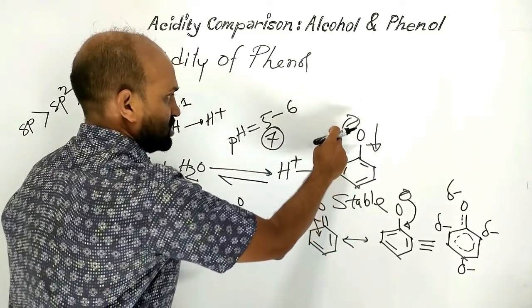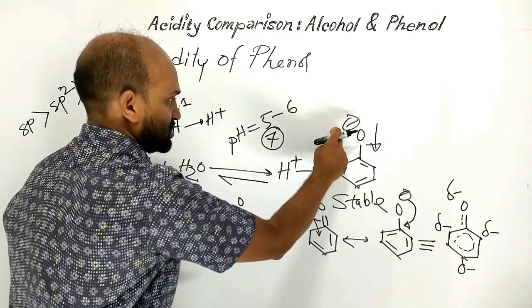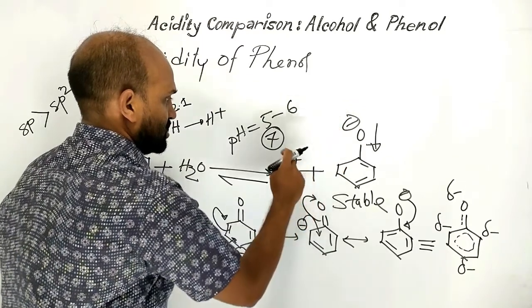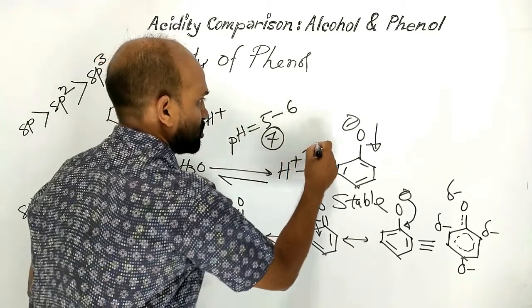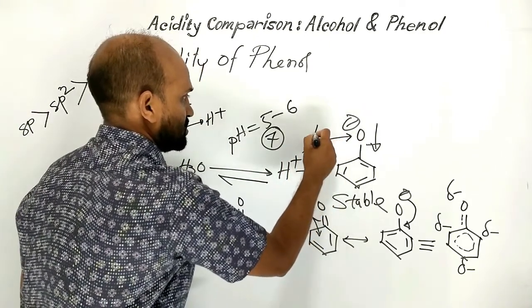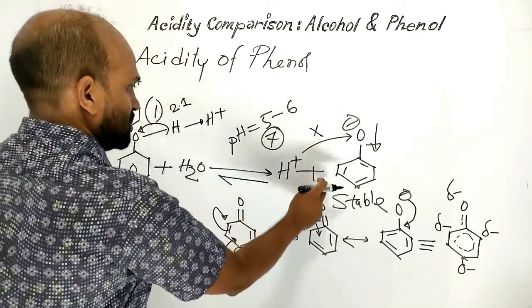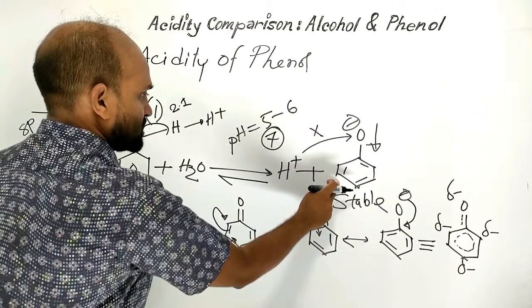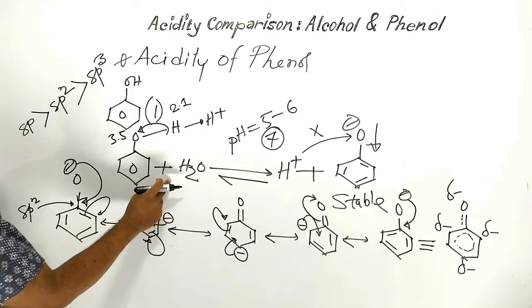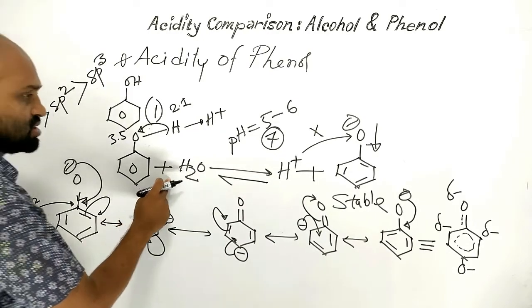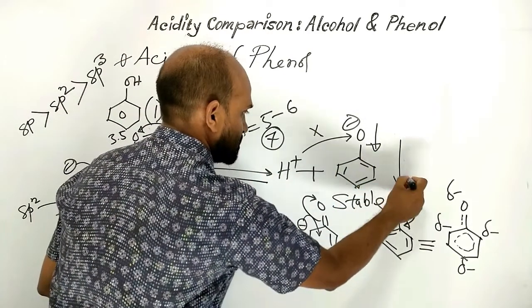As a result, this proton doesn't feel great attraction towards this phenoxide ion. So, the phenoxide ion gets stable and the tendency for reverse reaction is decreased.